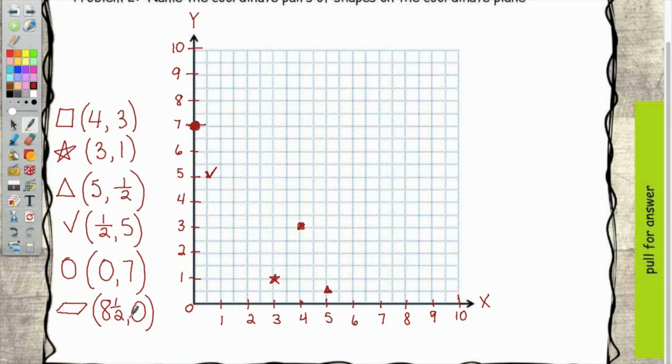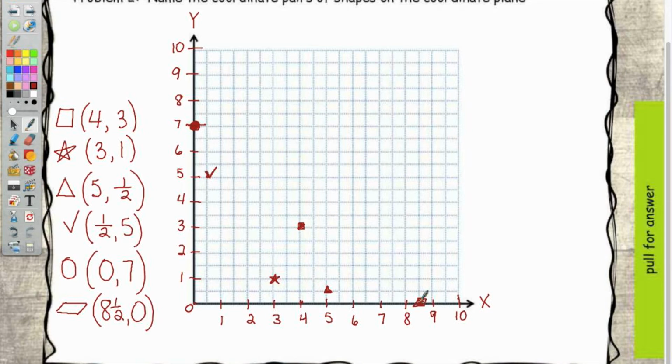So 8.5 from the origin on the x-axis is where? And 0 from the origin on the y-axis is where? And so where they meet is, oops, it's supposed to be a parallelogram, isn't it? Okay. Parallelogram. Right there.